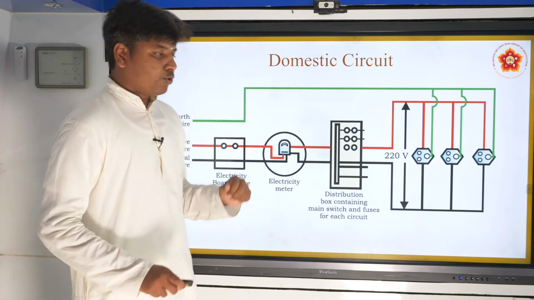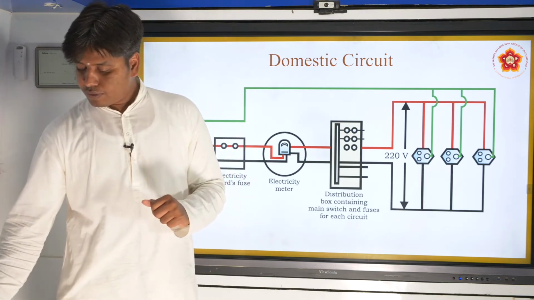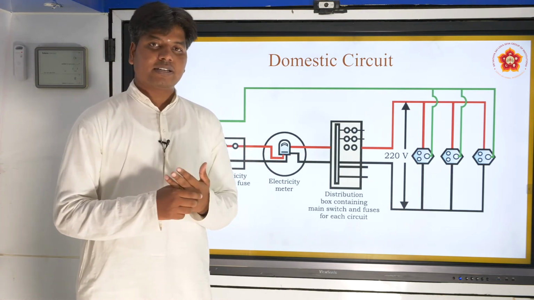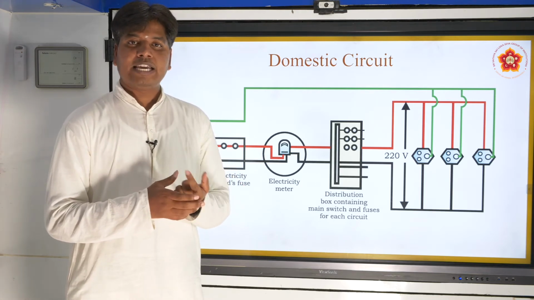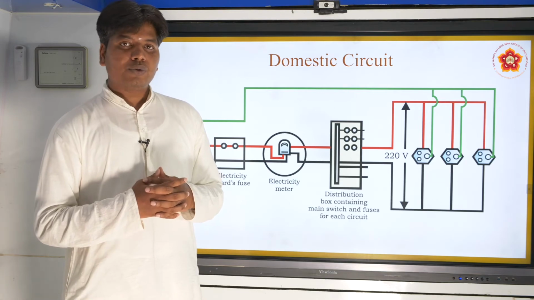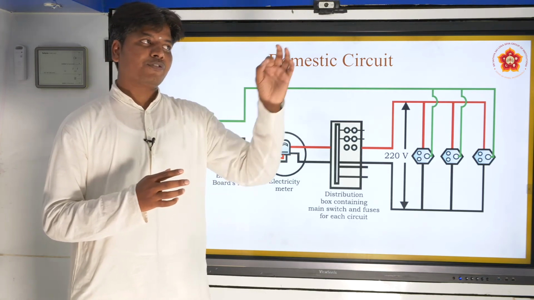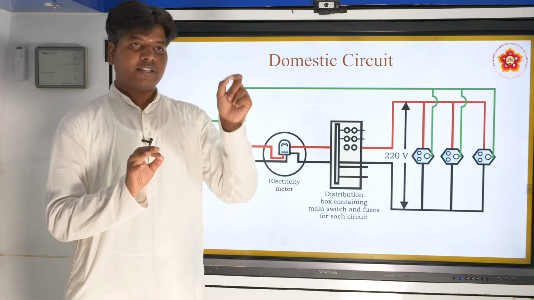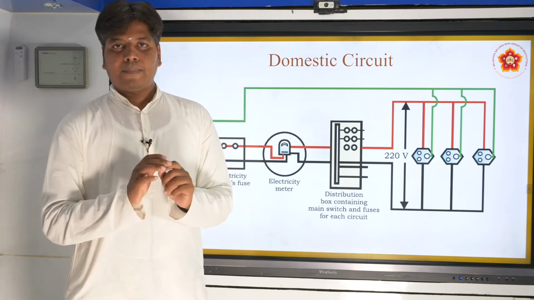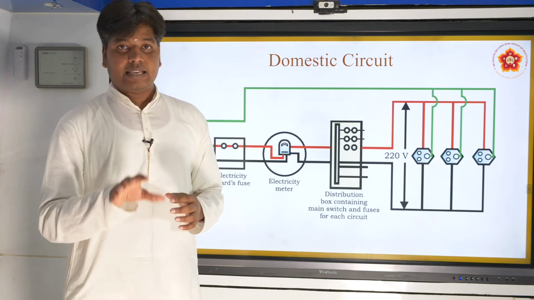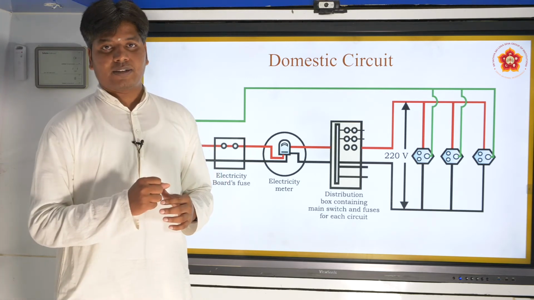In the distribution box, it distributes the current into 2 circuits, right? Why 2 circuits? For example, if you want to draw current for a refrigerator, a geyser, or air coolers, they need more current. You can't use the same wire which you use for fans, because a fan does not need that much current, but an air cooler draws more current.